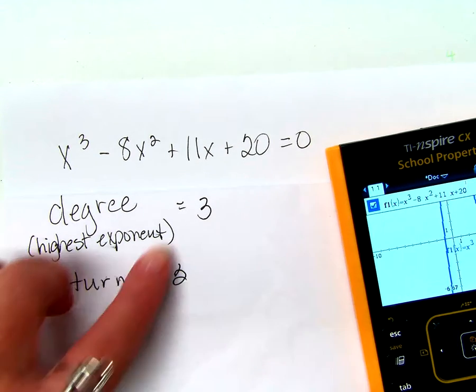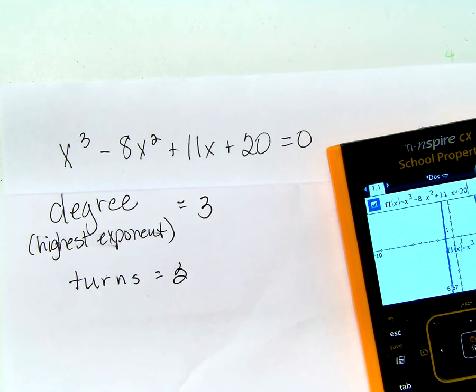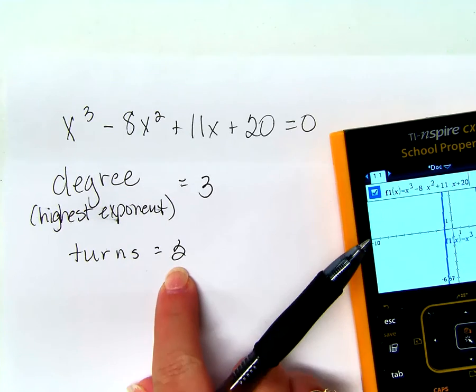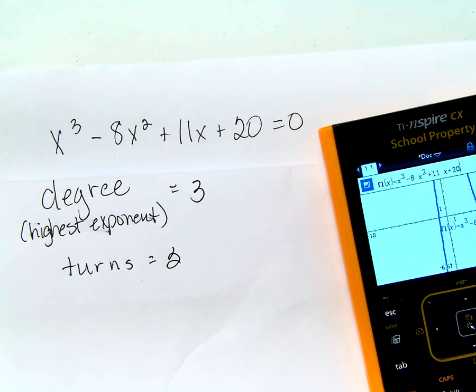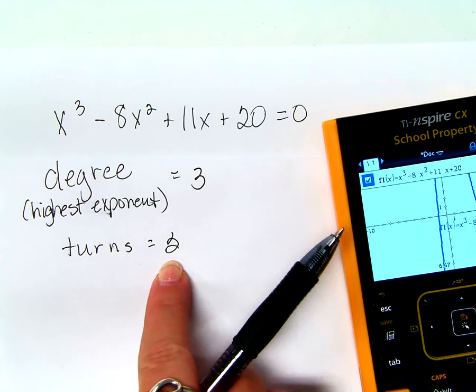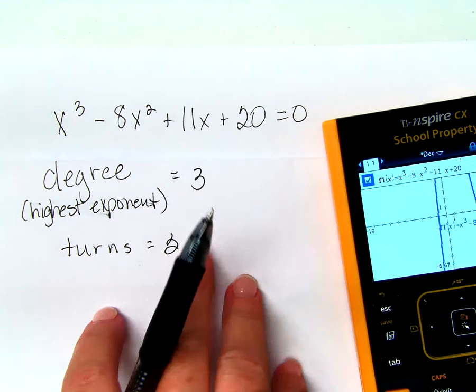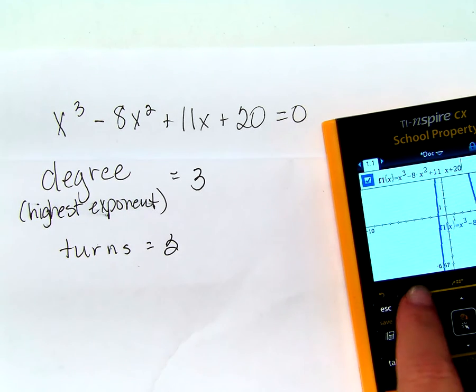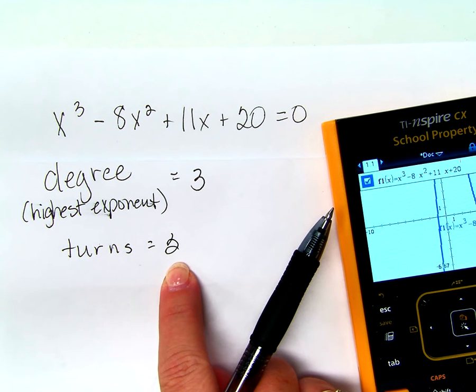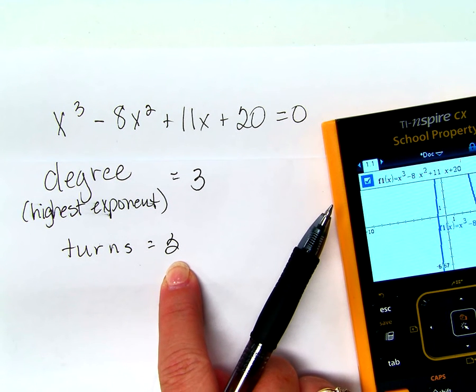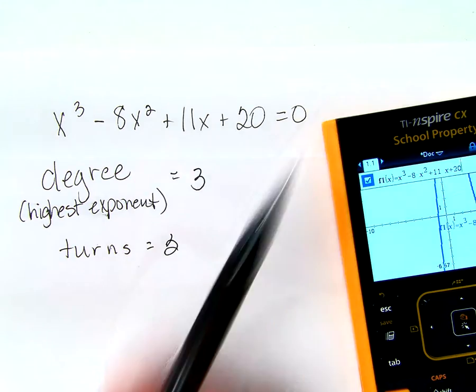If we know the degree, is there any way we can figure out the number of turns? It's one less. Okay? Now, this is the most number of turns it'll have. I'm going to leave that for just a second because we can't really see it in this example. I'll be able to show you another example in a second where it doesn't quite make sense, but in our conversation, I think it'll make sense. So we're just going to leave it for now.